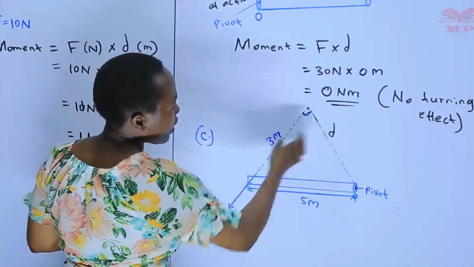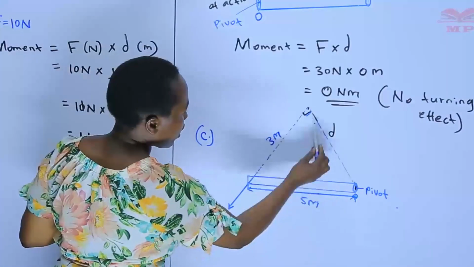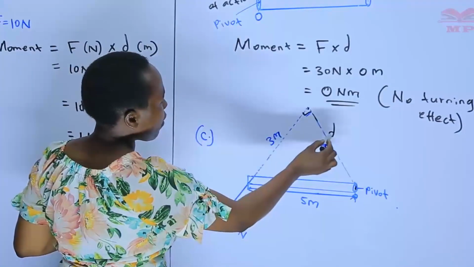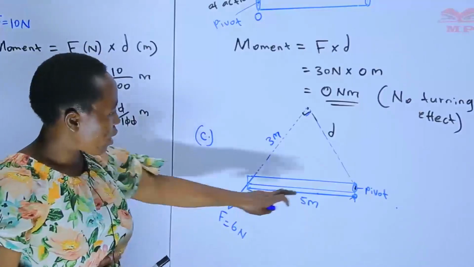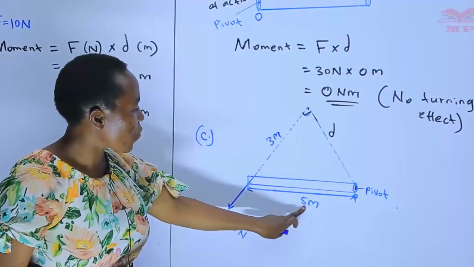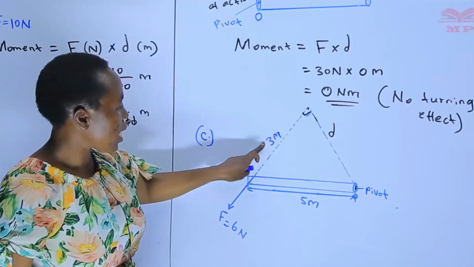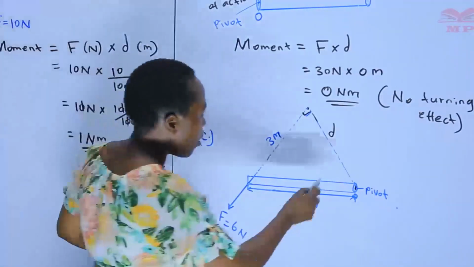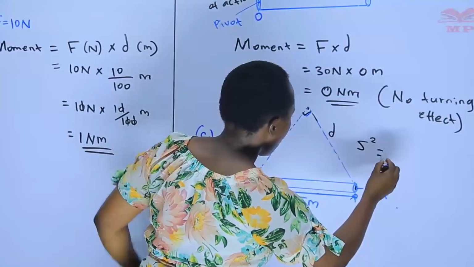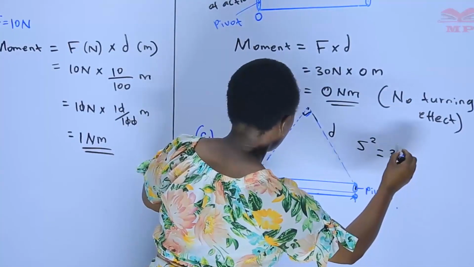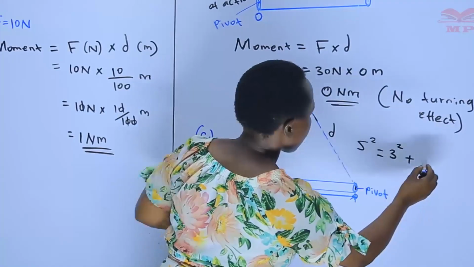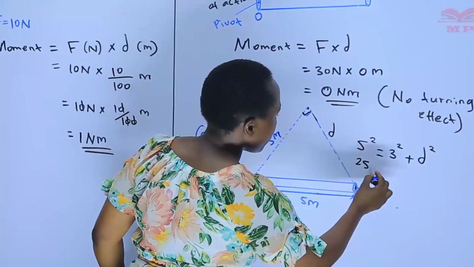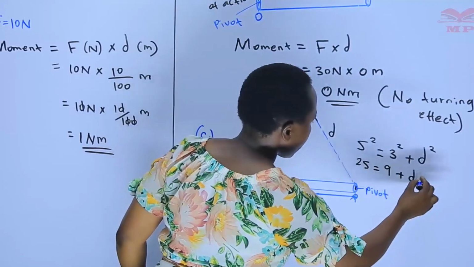So we need to calculate this D. We know that these are right angled. We have 5 here, we have 3, and we have this side. So this is our hypotenuse, 5. Then we have one of the sides as 3 meters. We want to get D. Using the Pythagoras theorem, 5 squared will be equal to 3 squared plus D squared. So 25 equals 9 plus D squared.